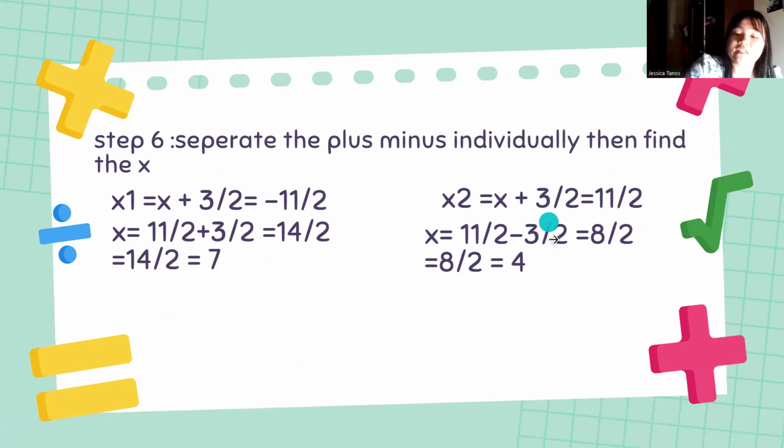So the equation here is x plus 3 over 2 equals positive 11 over 2. When we move it to the other side, it turns into negative, right? So positive 11 over 2 minus 3 over 2. 11 minus 3 is equal to 8. 8 over 2 can be divided. So 8 over 2 is equal to 4.